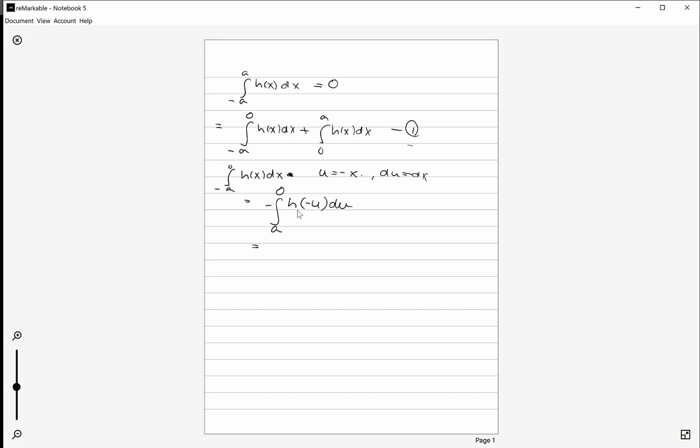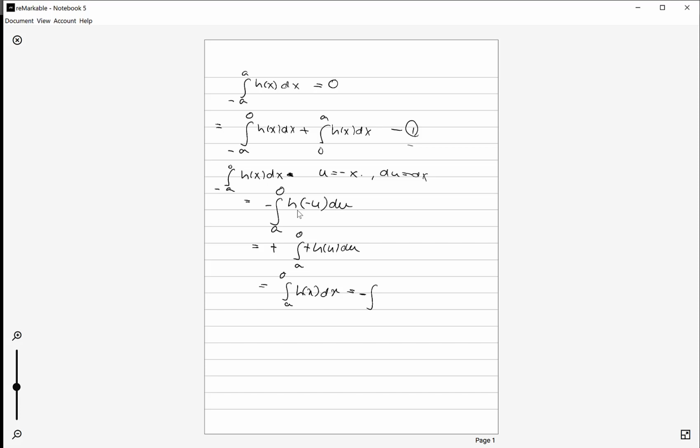And we know now h is an odd function, so I can write this as a to 0 minus of h of u du. This minus minus cancels out, becomes plus. And remember, this u is just a dummy variable. I can replace u with x as well. So h of x dx, a to 0. But now I can reverse the limits.